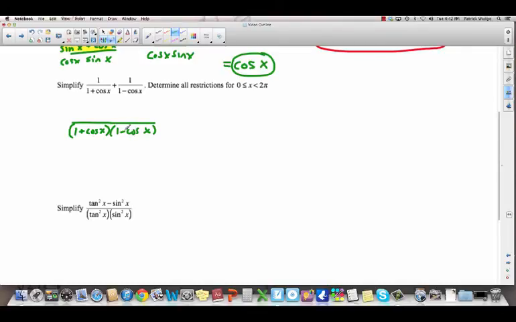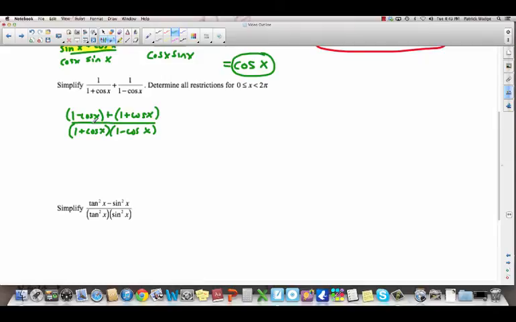You have to multiply it by 1 minus cos x. So you better multiply the top by that as well, and you end up with 1 minus cos x. I'll put it in brackets for now. Plus, what do you multiply 1 minus cos x by to get all this denominator? You multiply it by 1 plus cos x, so you better multiply the top by that as well. So 1 times 1 plus cos x is 1 plus cos x.